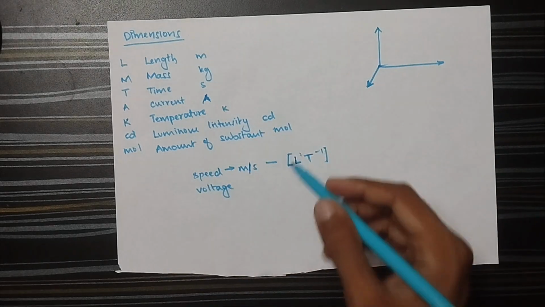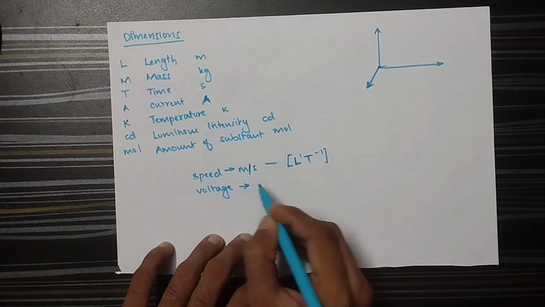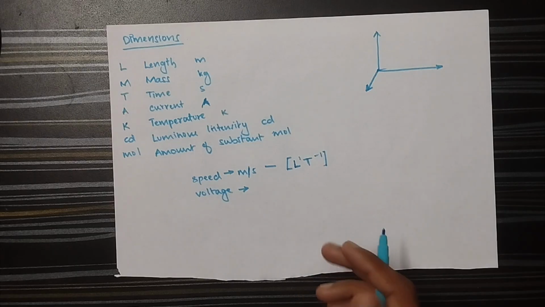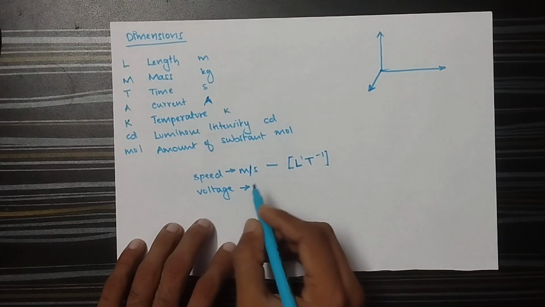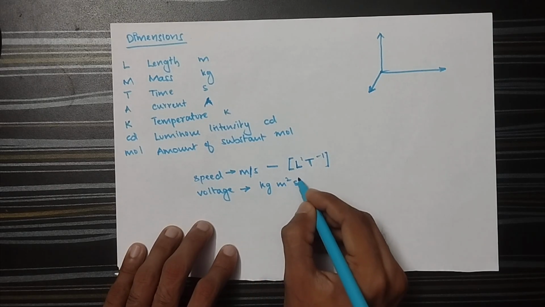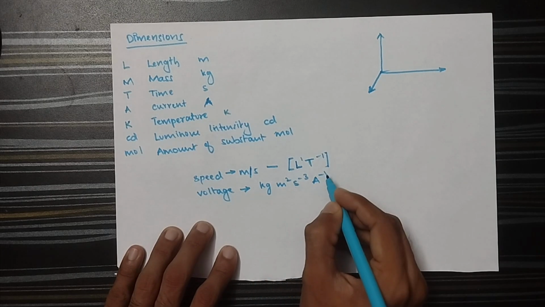Do you understand? For voltage also, voltage is actually represented as volt, but if we derive it in base quantities, we get kilogram, meter square, second raised to -3, ampere raised to -1.